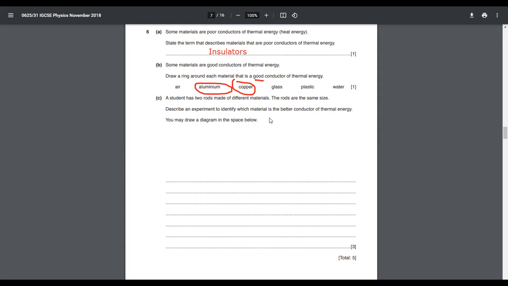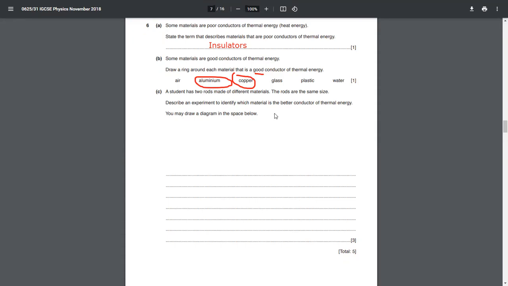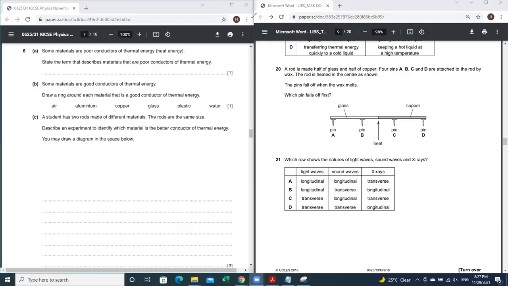So let's see how we could do this. We'll draw something like this, but for sure without the pins here. Here is the rod, for example, copper and a glass. And here we will have the wax attached.